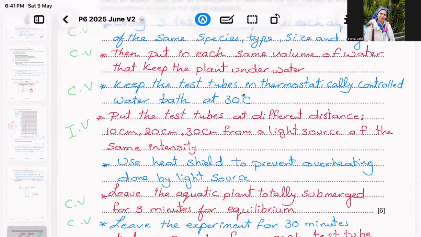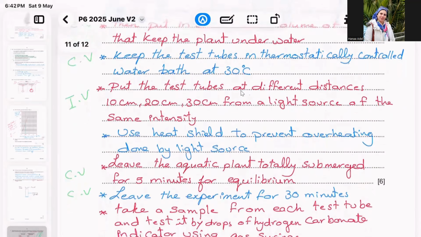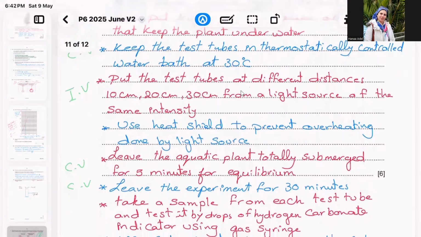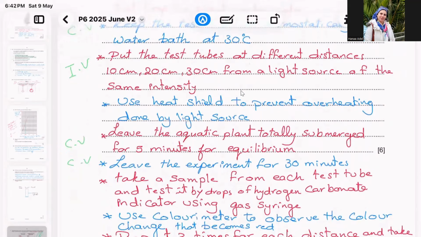And then we have to take a sample from each test tube and add hydrogen carbonate indicator by dropping using a syringe to observe the color change. But we have to improve it by using a colorimeter or color chart to observe the color change that becomes red.